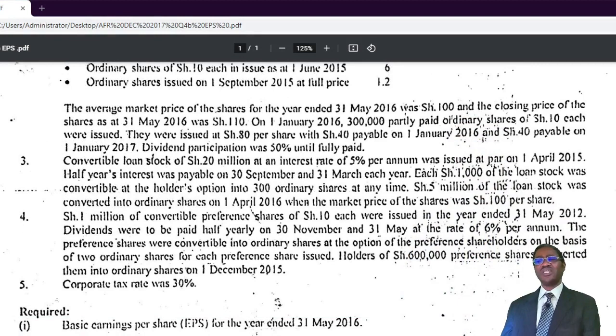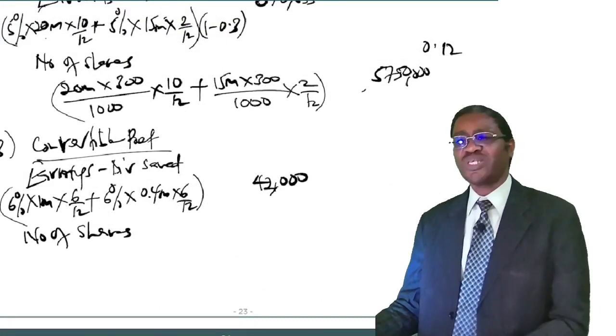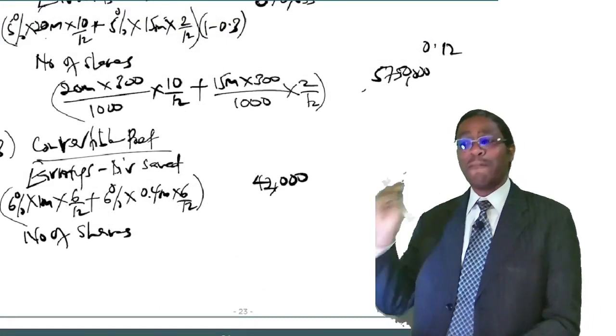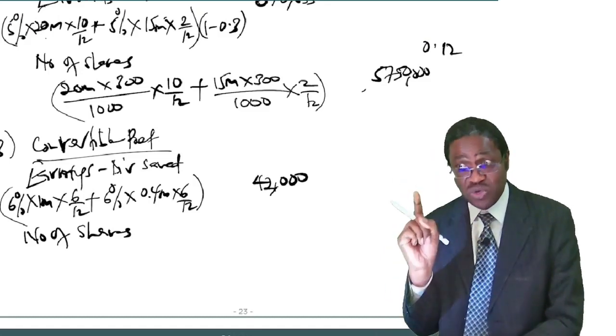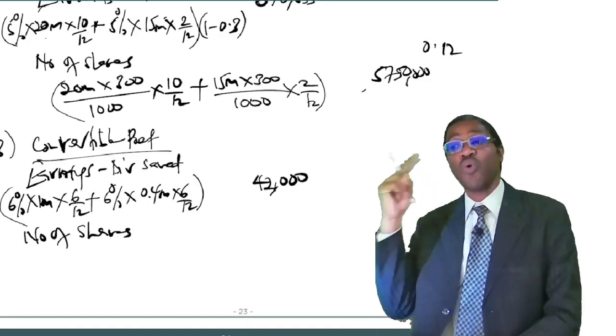Our company began the year with 1 million shillings of the convertible preference of 10 each. But now, when I'm computing the number of shares, the basis of conversion is for every one preference you have, you can get 2 ordinary.